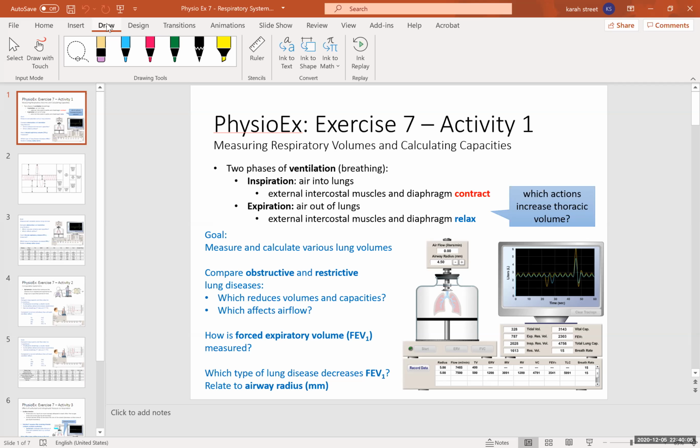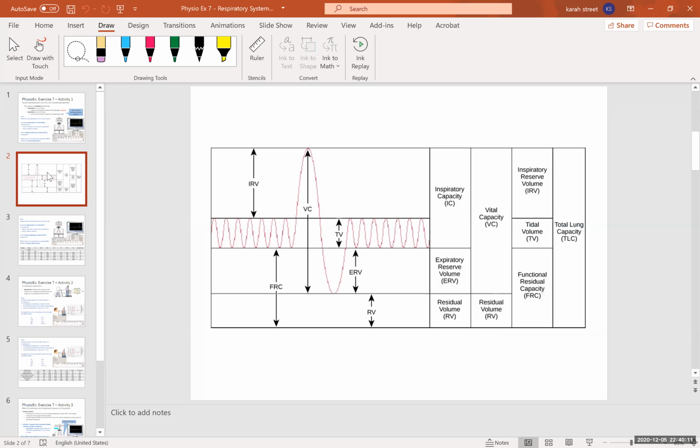The 4 respiratory volumes are tidal volume, the amount of air that is inhaled and exhaled with every breath, typically 500 milliliters. Inspiratory reserve volume is the amount of air that can be forcefully inspired after a normal inhale.